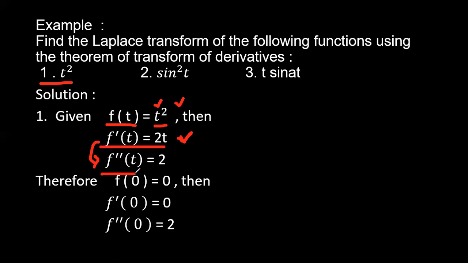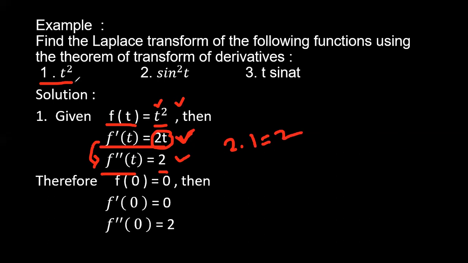Next we go for the second order differentiation for this function. If you differentiate one more time, you get the second derivative. f double dash of t is equal to 2 into the derivative of t, which is 1. 2 into 1 is 2, so you get 2.